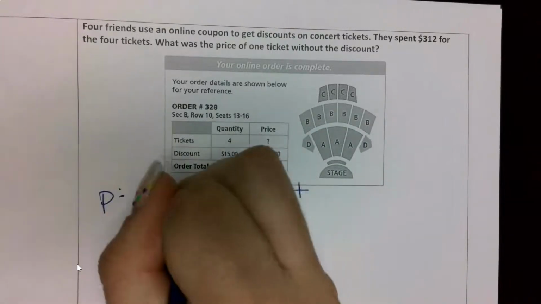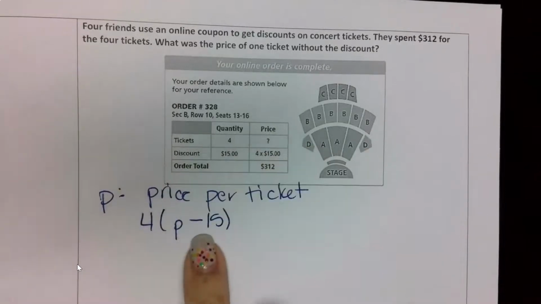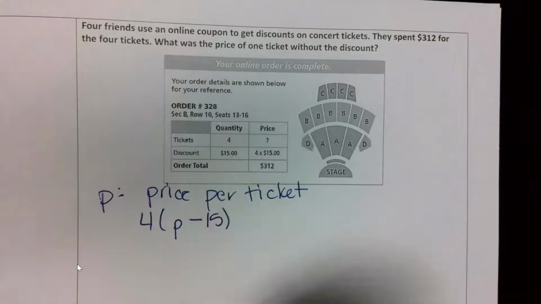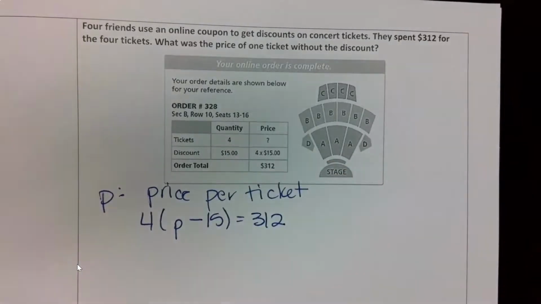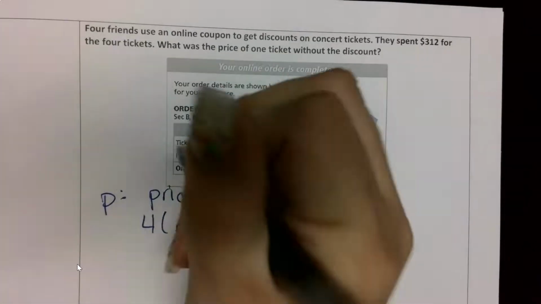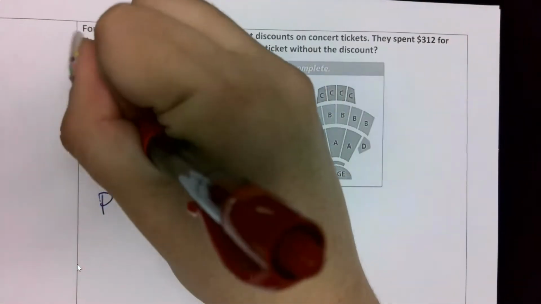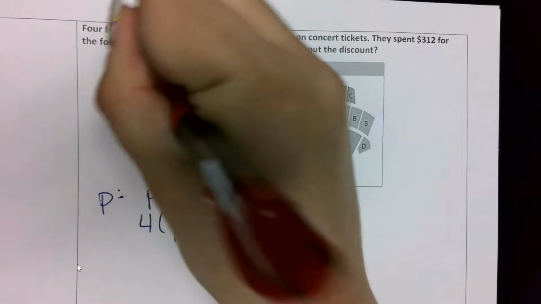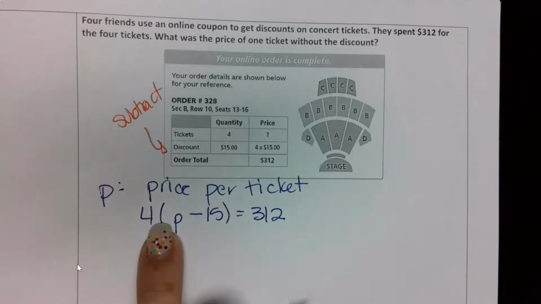And I am going to set up an equation. I have 4 times my price minus 15, I'm subtracting 15 because that was my discount, equals 312. So the word discount means subtract. Then I just want to go ahead and solve this equation. I can either distribute this or divide out that 4.